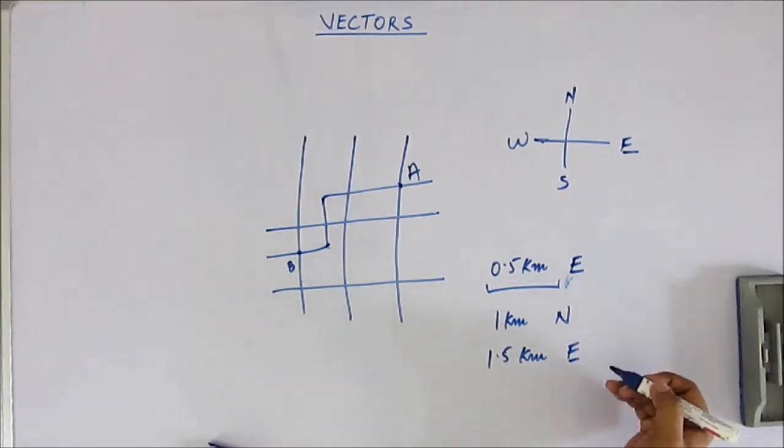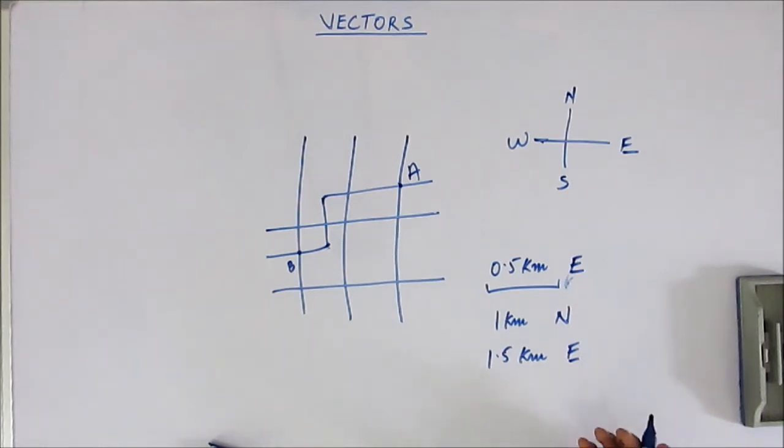From this we can understand that certain physical quantities can be described completely only if we append direction to their magnitude. Only magnitude doesn't give us the complete picture, or there would be an anomaly. So to describe certain physical quantities completely, we have to attach direction to the magnitude.